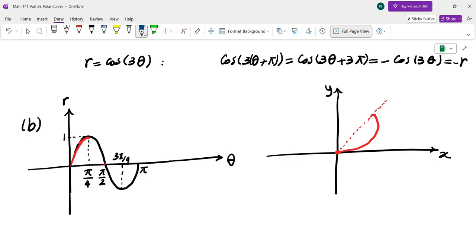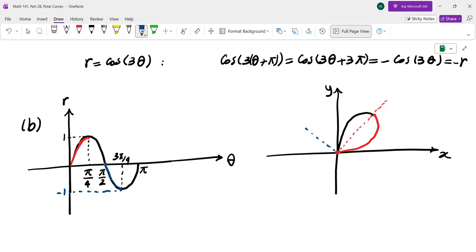So the next piece looks like this. Then we can look at this bottom portion. The bottom portion starts from the origin and it ends at r equals -1 and theta equals 3 pi over 4.